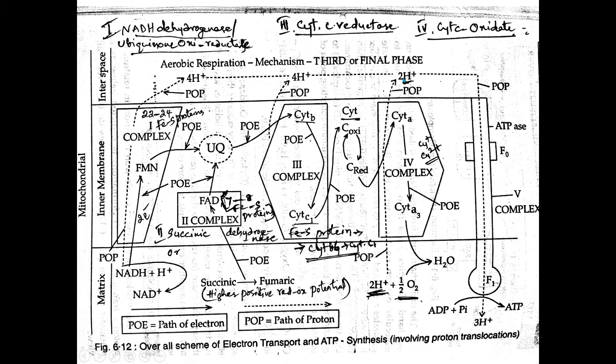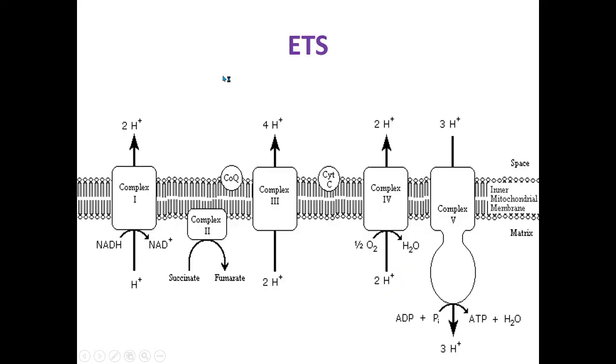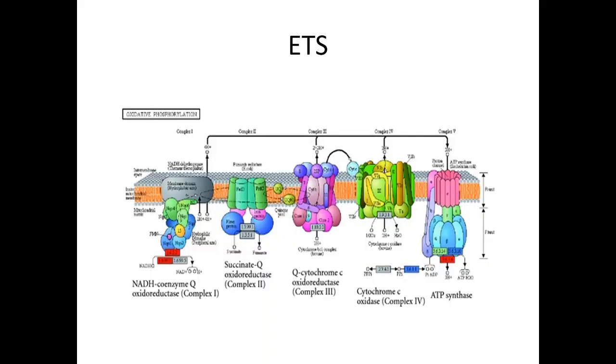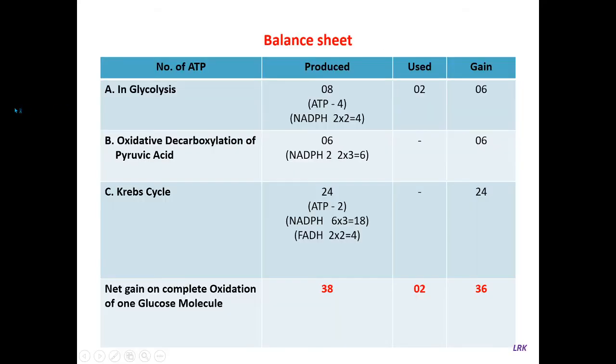Then we saw it yesterday. I think you might have understood the concept of the electron transport system. So as a whole, we saw the balance sheet. In glycolysis, 4 ATP and NADH, out of which 2 ATP are utilized, so 6 is the net gain.